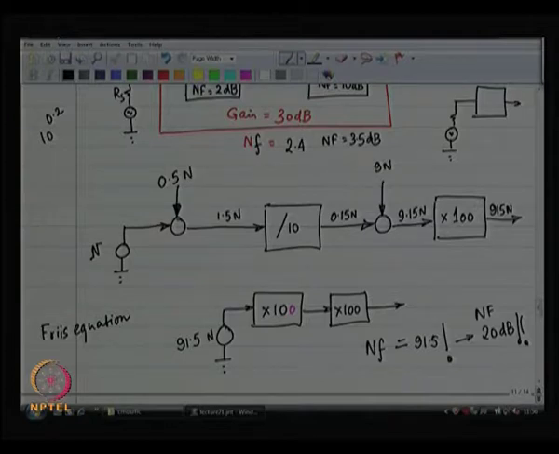Make sure that the first stage after your antenna is the low noise amplifier. It is very important. Also, the first stage should not attenuate. As soon as you attenuate in the first stage, your entire noise characteristics is going to depend on that. Subsequent stages noise is going to look larger at the input.